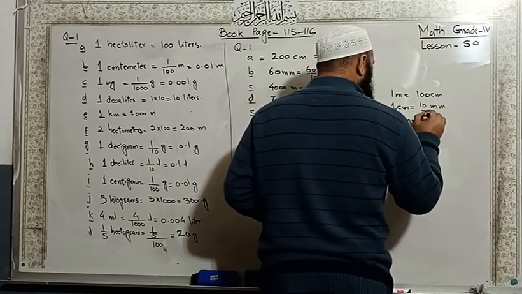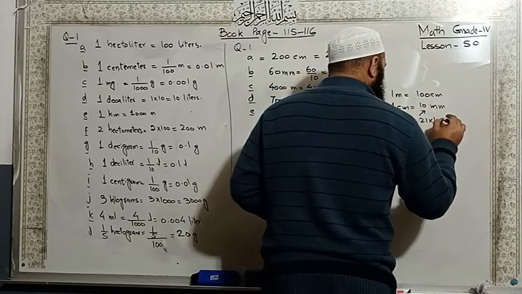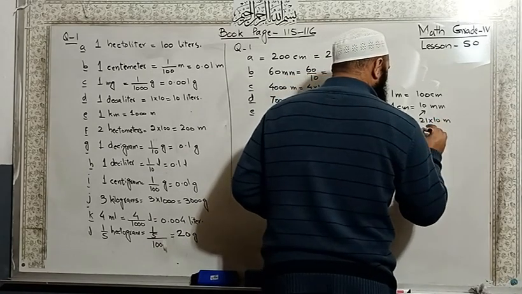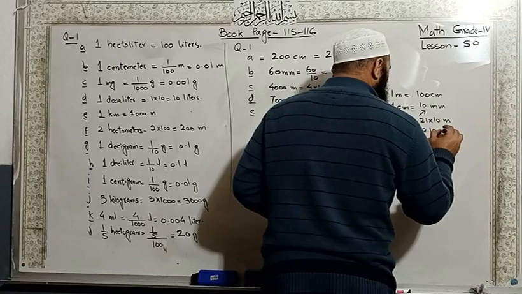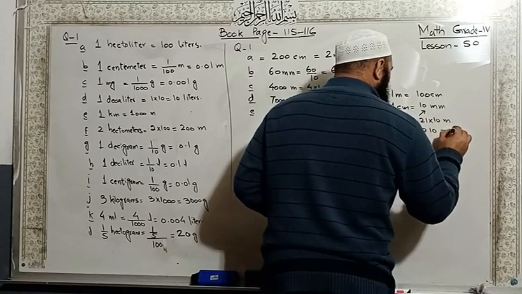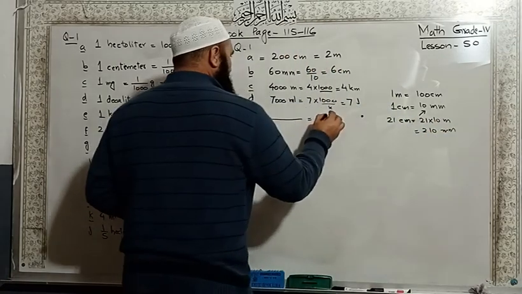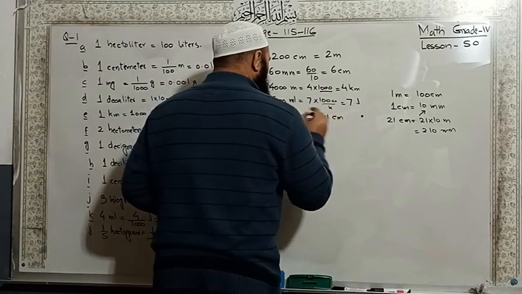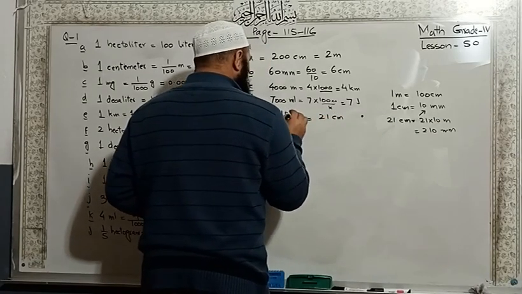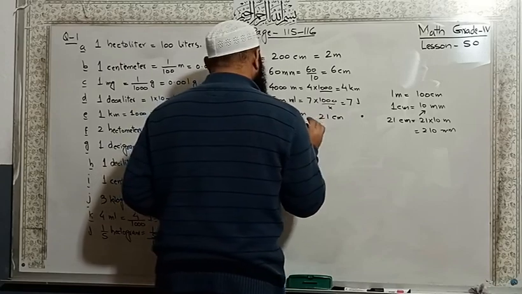We just multiply this, and it will be equal to millimeters. So this will be a total of 210 millimeters. 21 centimeters will be equal to 210 millimeters.